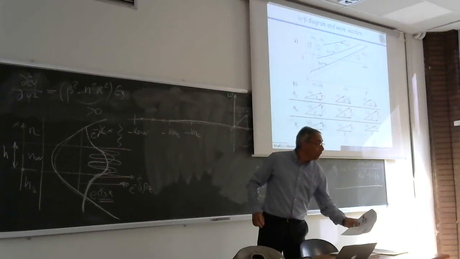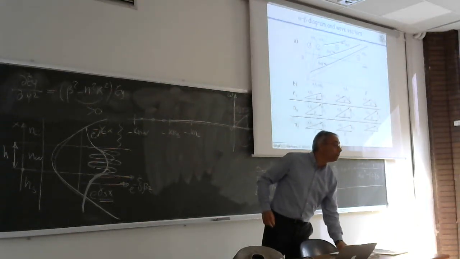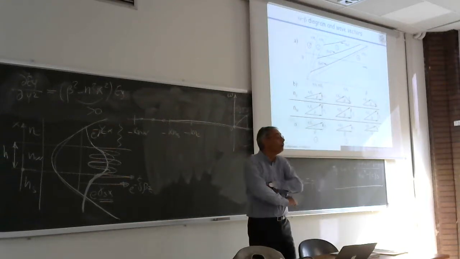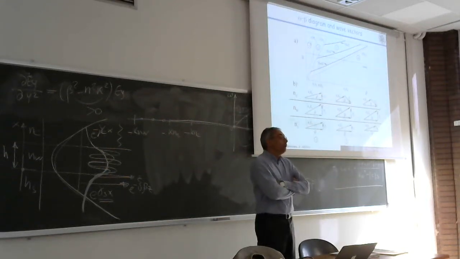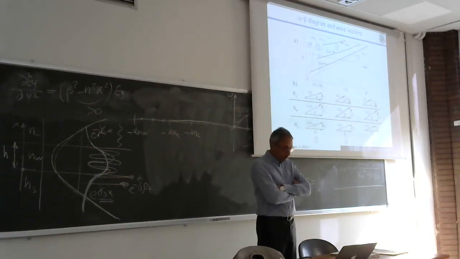Radiative mode is exponentially increasing. So the radiative mode takes power from the waveguide. However, it is exponentially increasing. How it looks like is not easy to say. Now I show you. We go a little bit better in this direction.